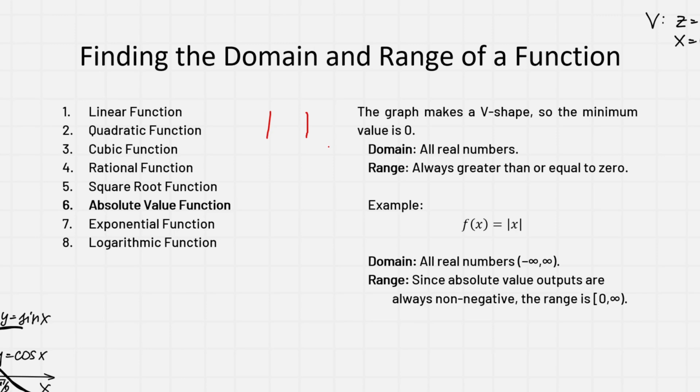The domain of this function is all real numbers, and the range is always greater than or equal to 0. Whatever the expression inside, it will always give you an output which is greater than or equal to 0. It could be equal to 0 or greater than 0.